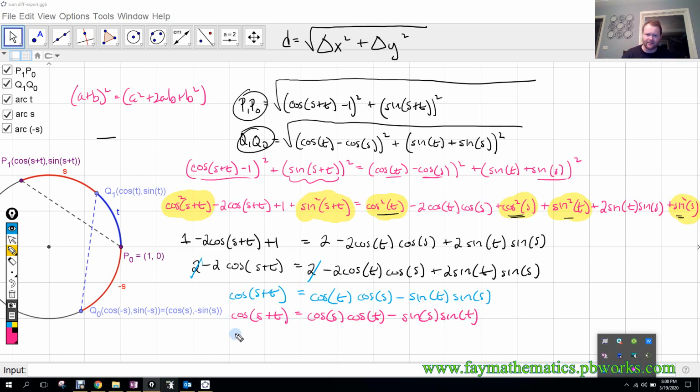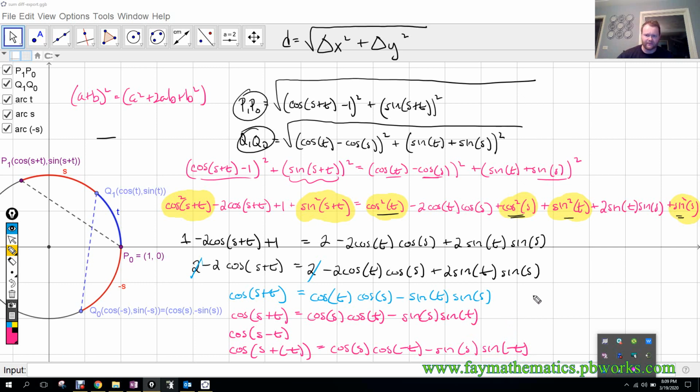What then happens to get the cosine of s minus t is that we say cosine of s minus t is the same thing as cosine of s plus a -t. That becomes cosine of s cosine of -t minus sine of s sine of -t.